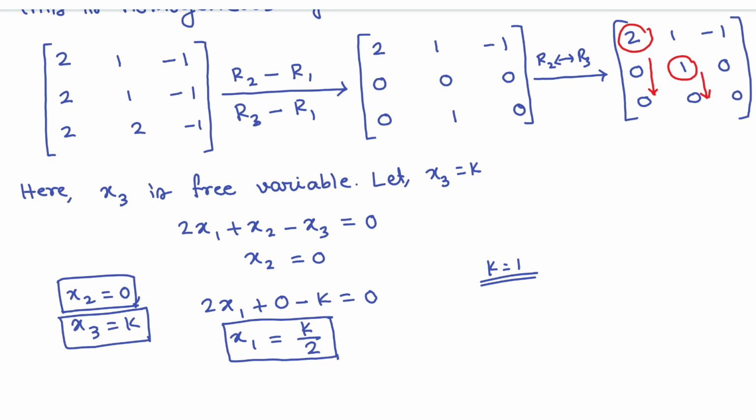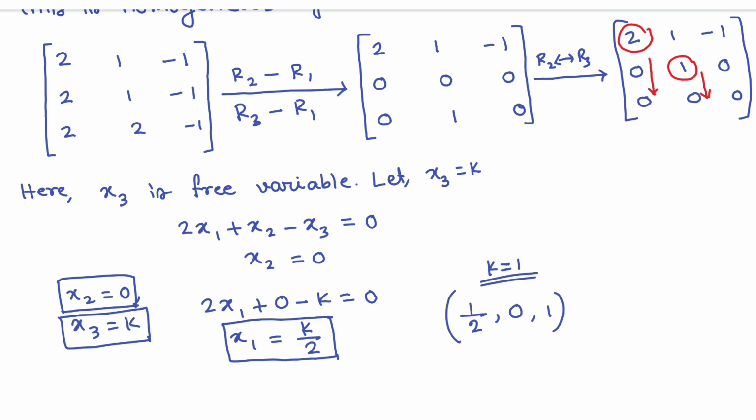So we need a non-trivial solution. That's why we are taking k equals 1. You can choose k equals 2, k equals 3, anything. So if you choose k equals 1, what will be the eigenvector? First x1 will be half, x2 will be 0, and x3 will be 1.